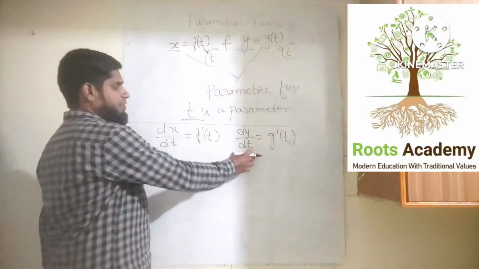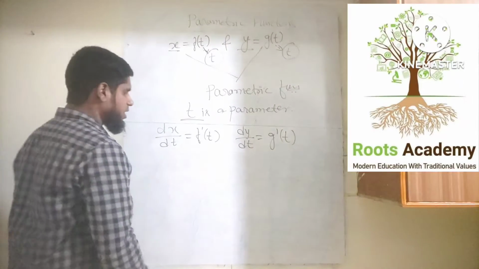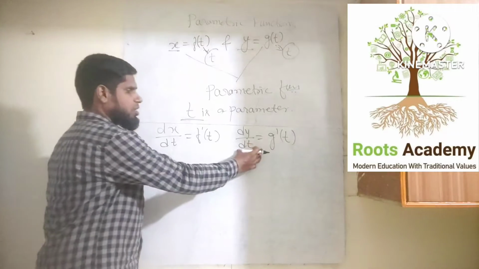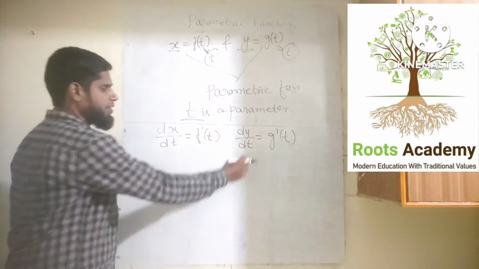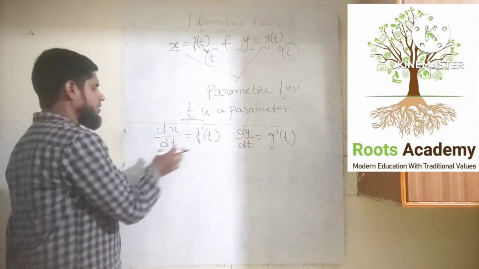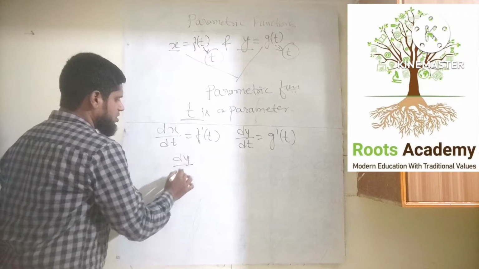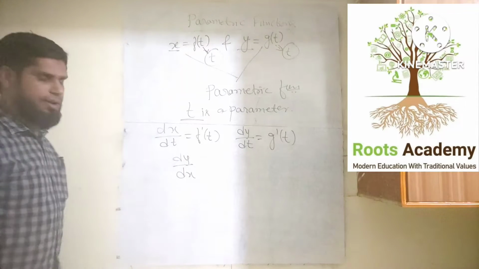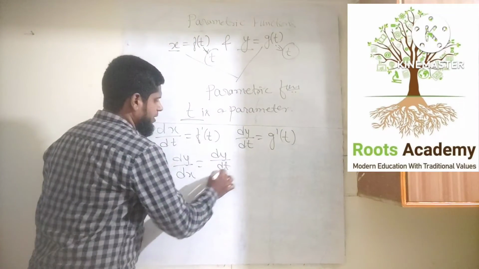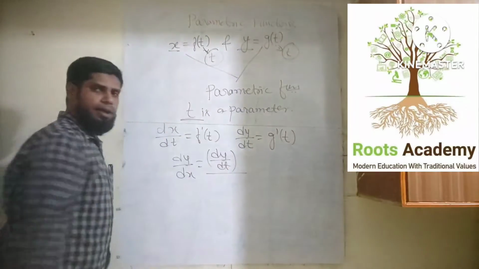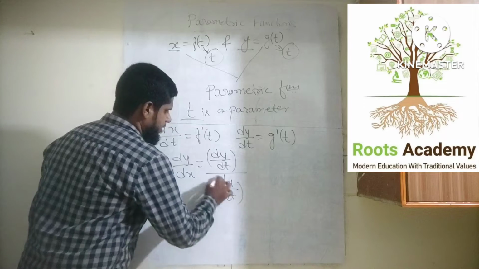But we should find dy by dx. So to find dy by dx, we will divide dy by dt by dx by dt. So in parametric functions, dy by dx will be equal to dy by dt whole divided by dx by dt.